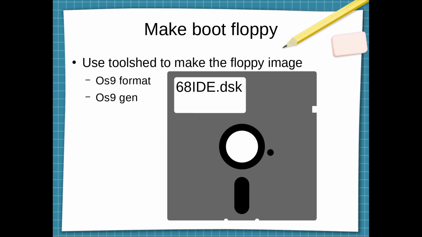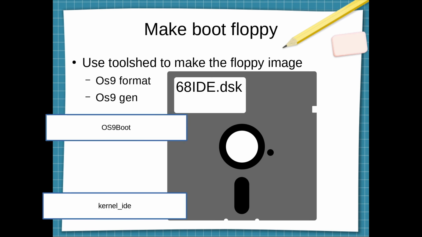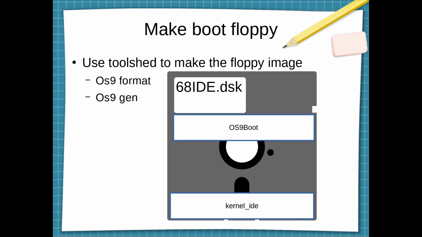Then we run the OS9 gen command, which is the one you actually use to create the boot disk. You tell it, here's my kernel file, here's my OS9 boot file, and it copies them onto the disk image. That's how you create a boot floppy for OS9. So again, this is an image. Now we have our boot floppy image.